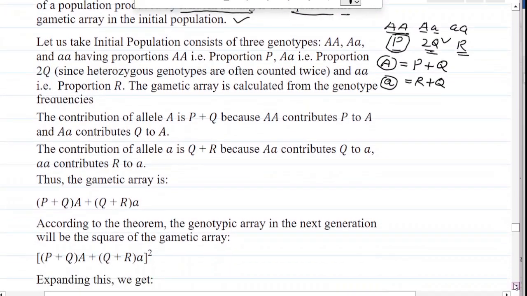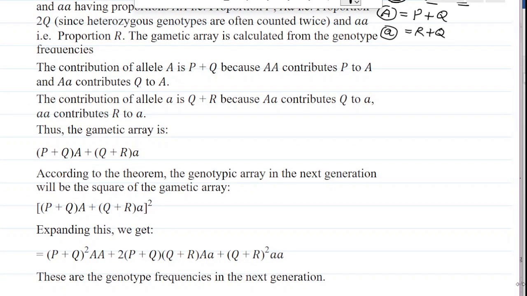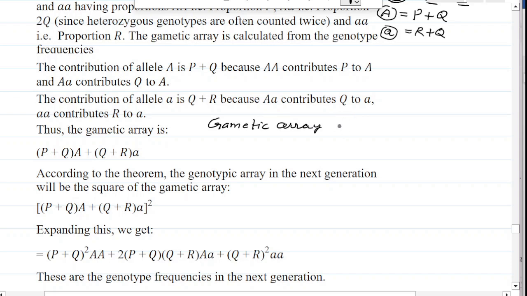Now you have found the contribution of allele A and small a. So we can form the gametic array. The gametic array can be obtained by this expression: P plus Q capital A plus R plus Q small a.